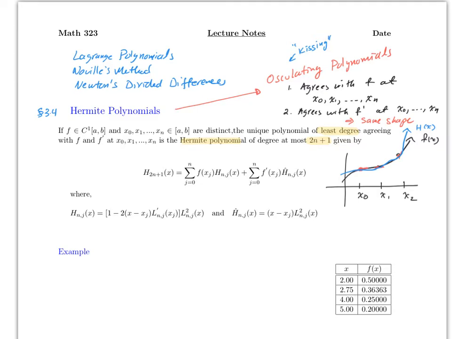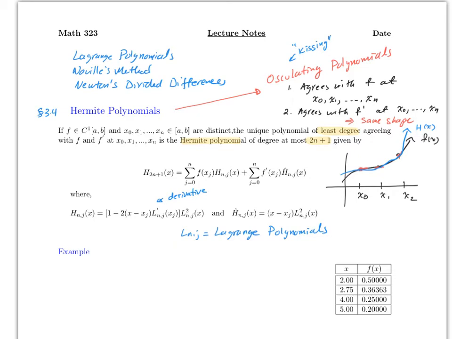Here L prime means derivative, just like before, and L and J are Lagrange polynomials, the ones we did before in section 3.1. So this is not hard, but it's going to be a lot of tedious work.